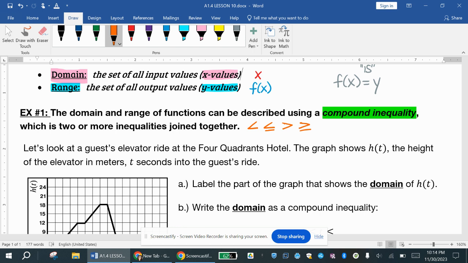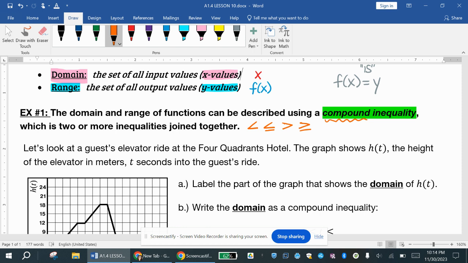Think of when you have heard the word compound before, okay? Compound sentences in English, right, is when you take two sentences and you put them together. So for example, my dog's name is Barley. I can say Barley is a dog, period. Barley is male, period. Well, instead of writing those as separate sentences, I can say Barley is a male dog, right? So you merge two sentences together, a compound sentence.